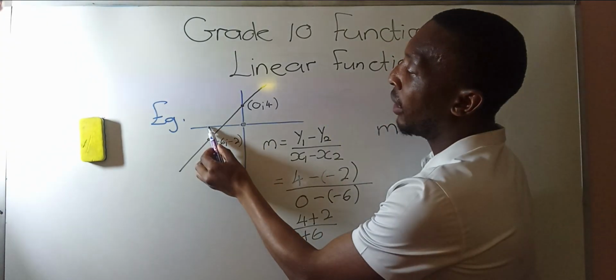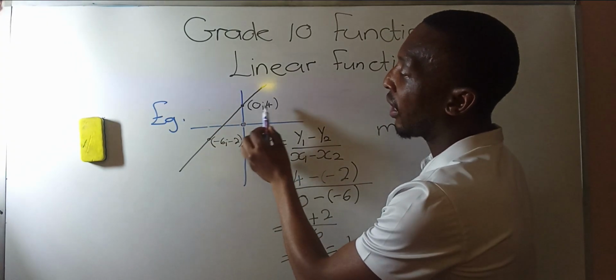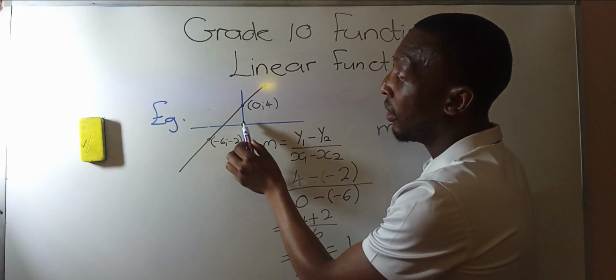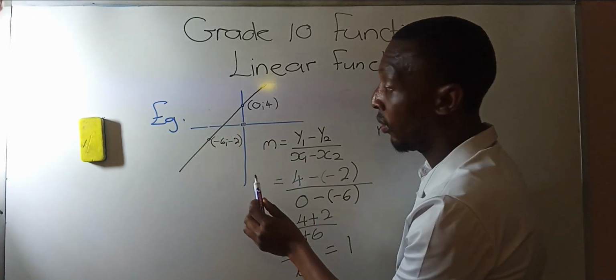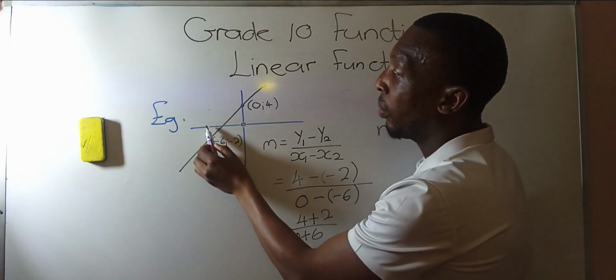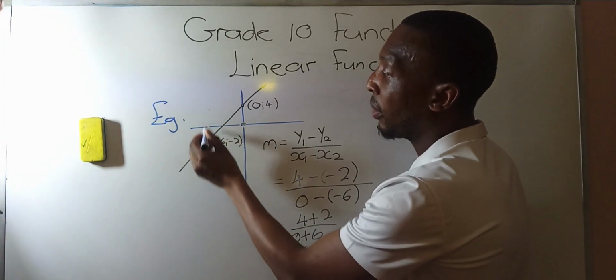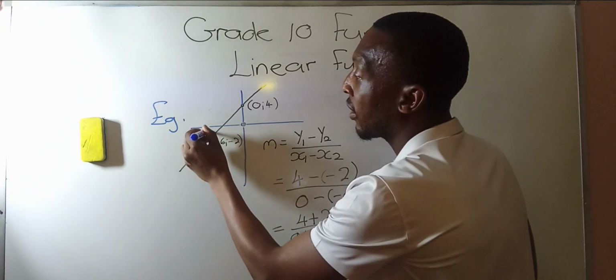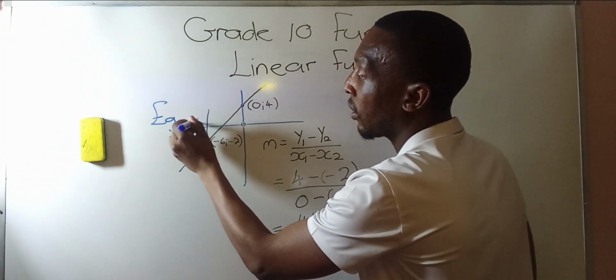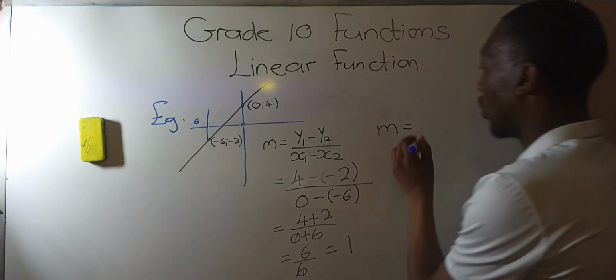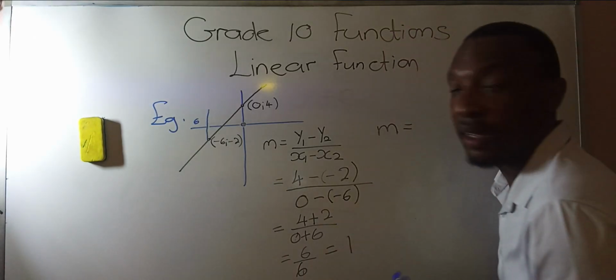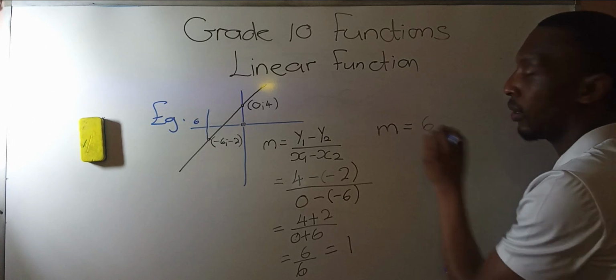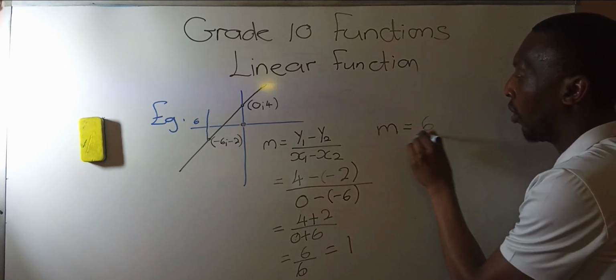And then to move from here to here, it's how many units? Again, I look at the y. So from here to here is 4, okay? So that means it's 2 plus 4. So if I want to go from here to here vertically, I will go 6 units. This is 6 units, right? So my rise is 6, okay, over my run.